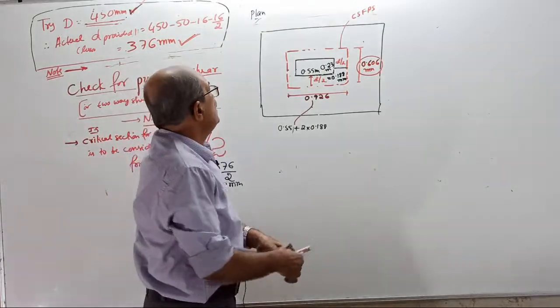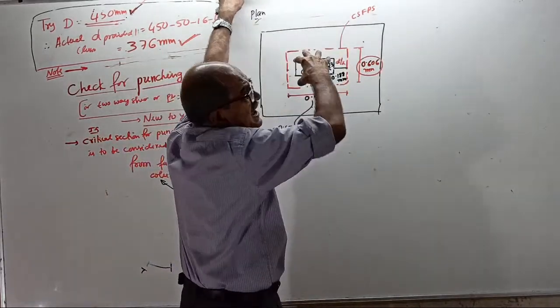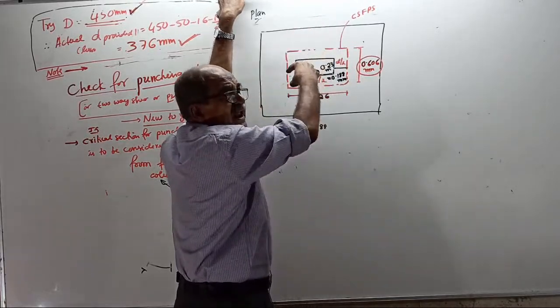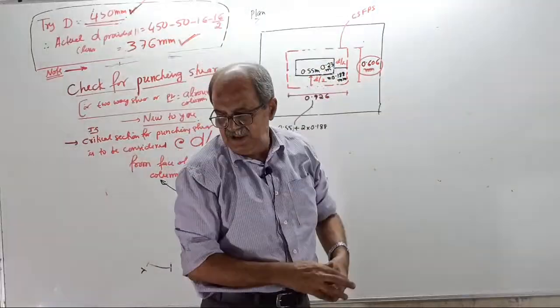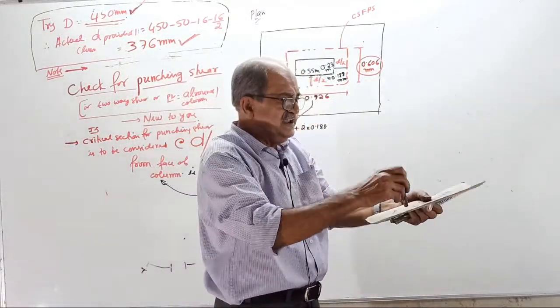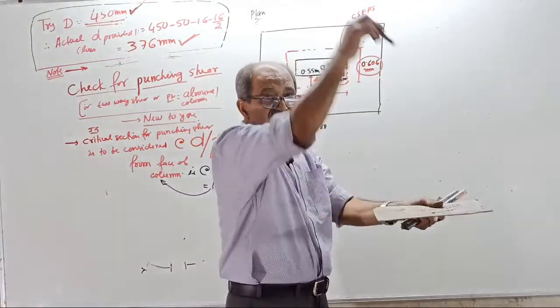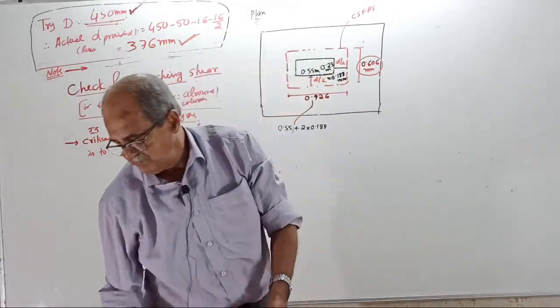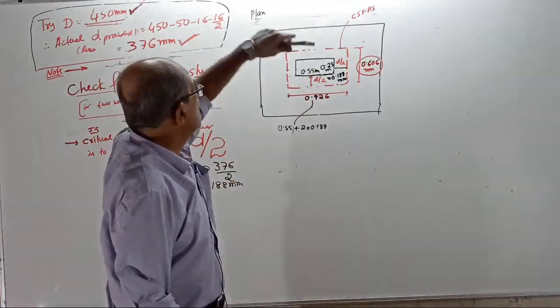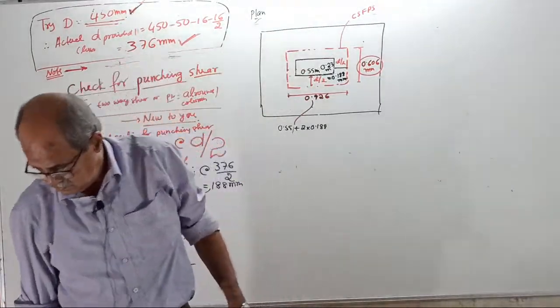And remember, your punching is going to be like this. This is how punching is going. Clear now? This is a plan. What you are writing is the plan. See, punching is this way. You should write that way. The punching is going to come perpendicular to the board.